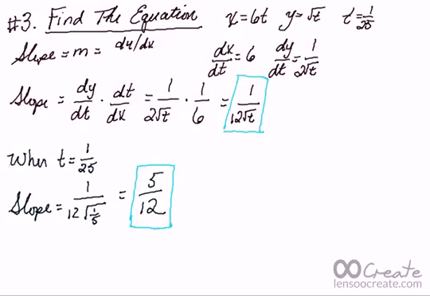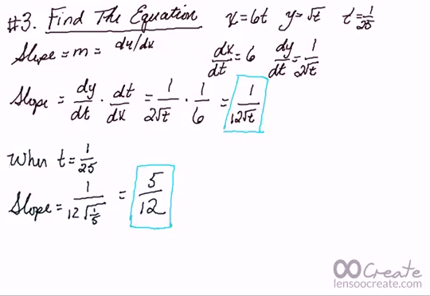So I always like to think of things in steps. The first thing that we're going to want to do is find the slope of the curve, which is going to be found by evaluating dy over dx at the given value, which is t equal to 1 over 25. So the parametric formula for dy dx is going to be equal to the slope, which is m, if you're going to do point slope form.